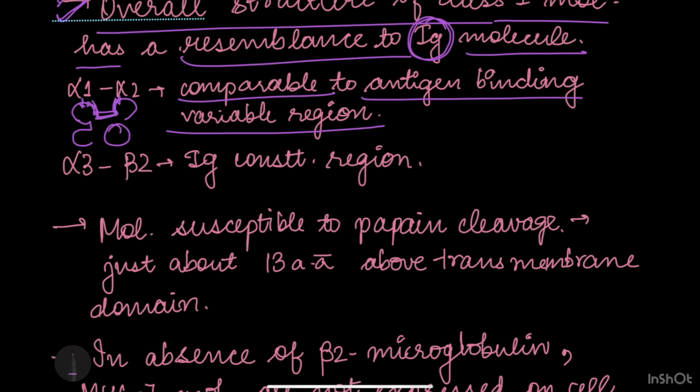In antibody structure also, we see this one, the antigen binds here, in the same way antigen binds here. And alpha 3 and beta 2 form the Ig constant region, like this region. This forms the constant region, right?